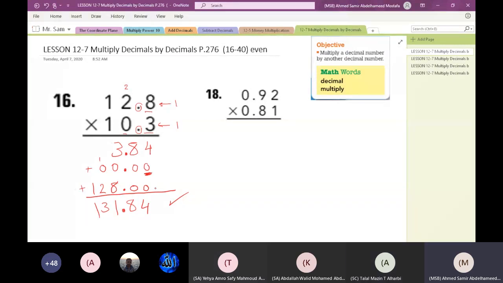Okay, first of all, how many decimal places do we have in the numbers? After the decimal point, 1. Okay. After the first number we have 1, and in the second number we have 1. Yes? In this case, we move the decimal point 2 places.